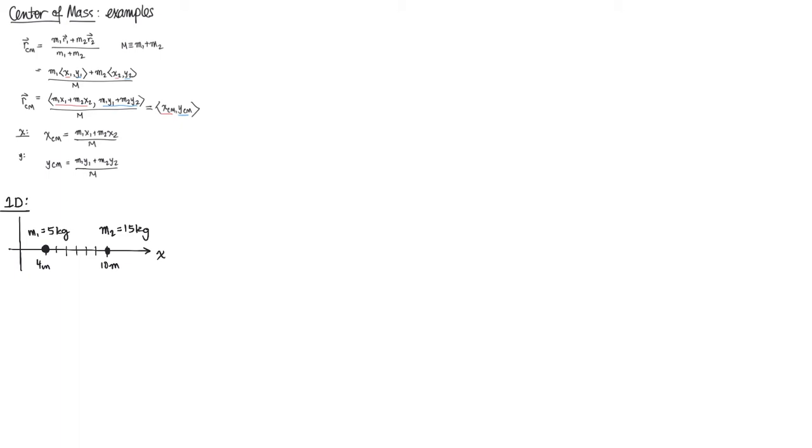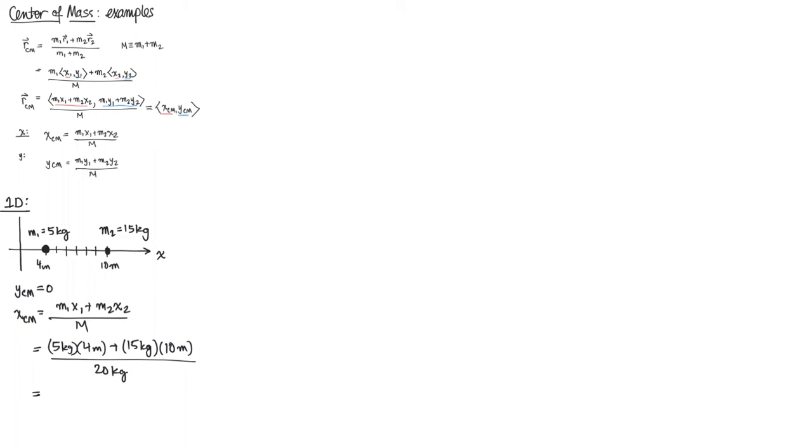Okay, so in this case, there's only the x center of mass because both objects are on the x-axis, so the y center of mass will be 0. The x center of mass would be m1 x1 plus m2 x2 divided by the total mass. m1 is 5 kilograms, x1 is 4 meters, m2 is 15 kilograms, and it's 10 meters from the origin, and we have a total of 20 kilograms.